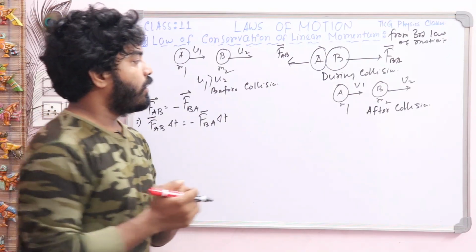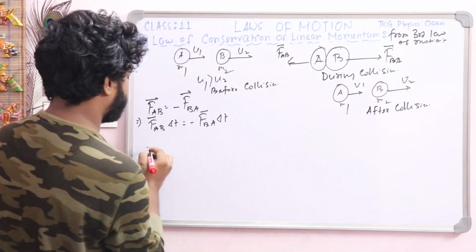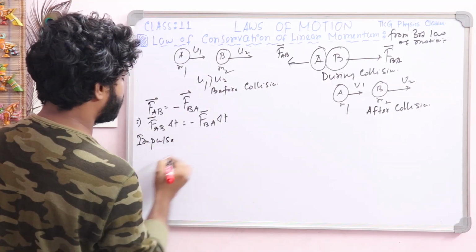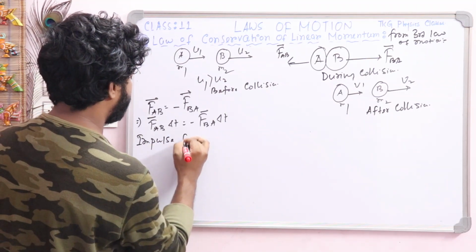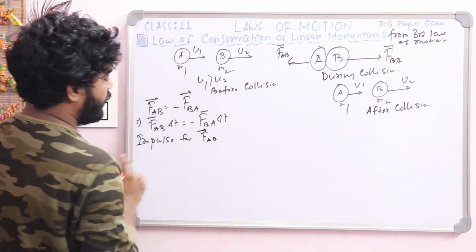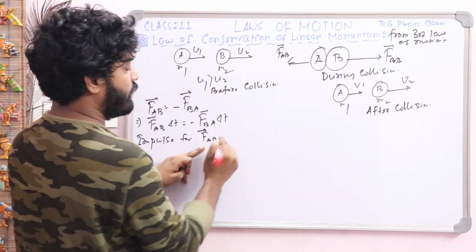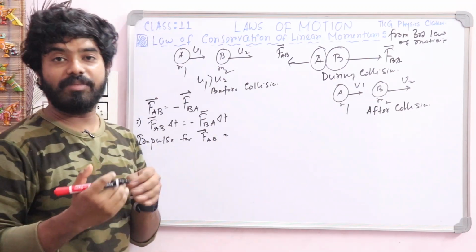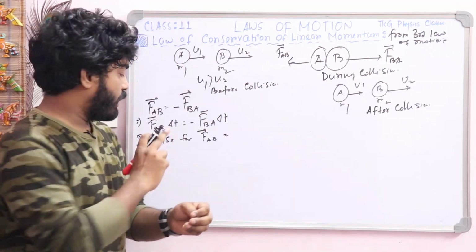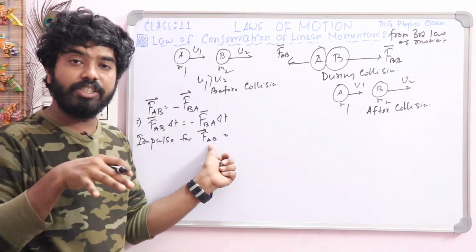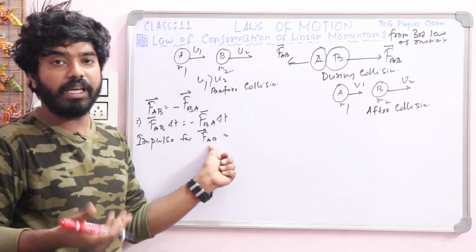Okay, now you calculate the impulse for force FAB. What is impulse? That means the change in momentum. So the impulse for force FAB means the change in momentum of which body, A or B?